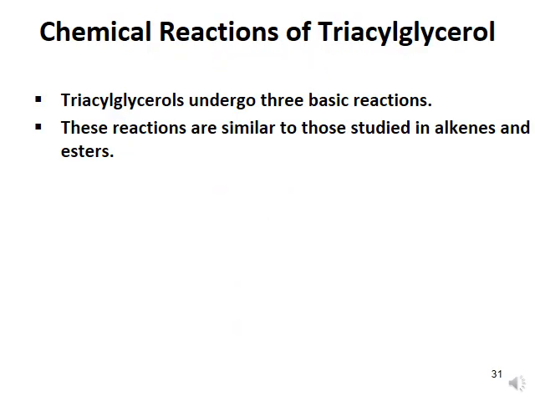Okay. Now let's start with some chemical reactions of these. We just talked a little bit about what one might be, so let's roll with those. Triacylglycerols undergo 3 basic reactions. They're similar to what we've already looked at in alkenes and esters. So what we're doing clearly is what we talked about earlier.